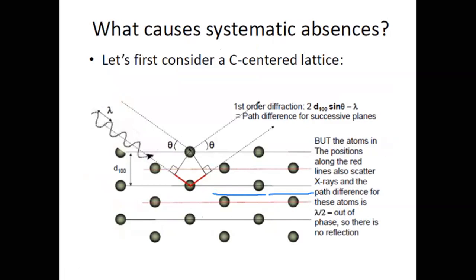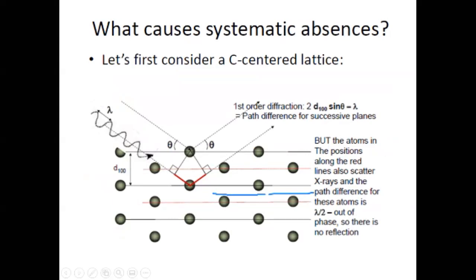So what causes systematic absences? We're looking first at the C-centered lattice. We have a first order diffraction, which is 2 d100 sine theta equals lambda, the path difference for successive planes. This is the d100, the black line.